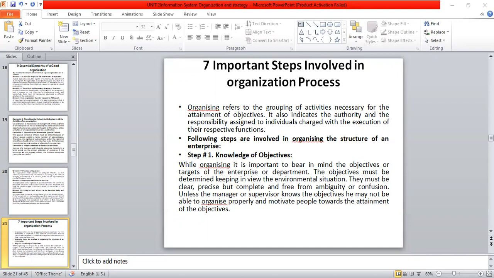Due to the information system, we are going to use fast communication, and due to automation we require less manpower, so we can save our money and capital.